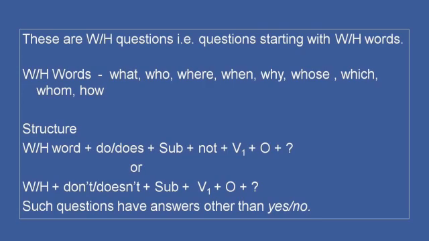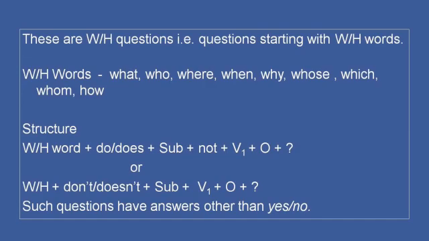The structure or the formation of WH questions is: W or H word, then do or does, then subject, then not. If not is there, then we will place not after subject.